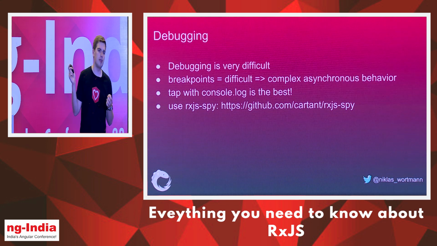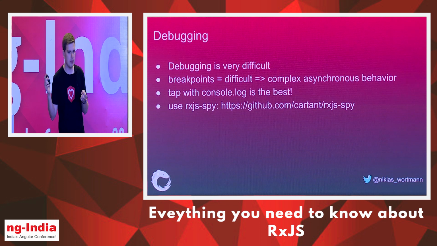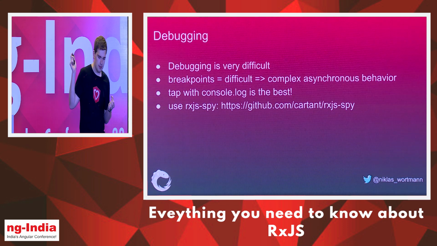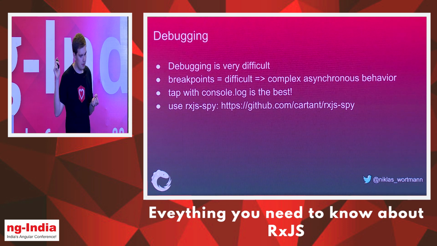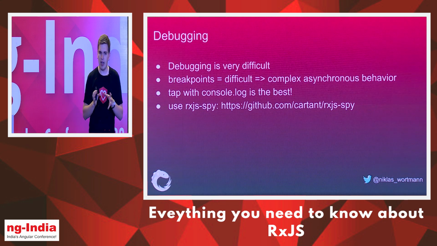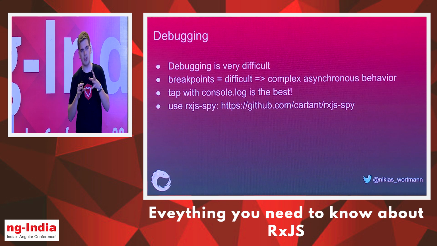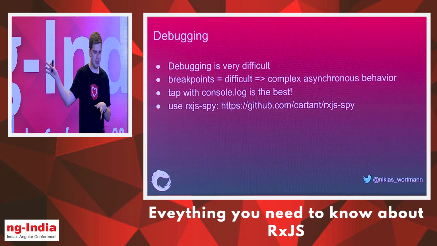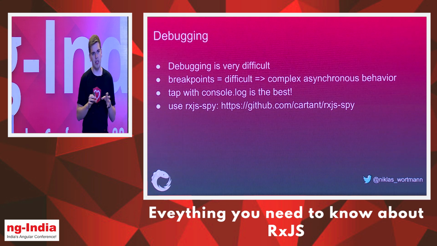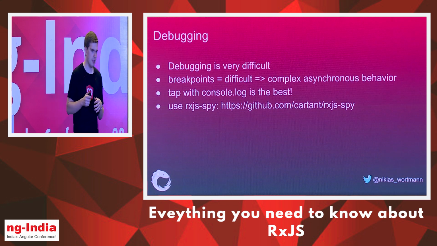It's a library from one of the core team members, Nicholas Jamieson. He's doing very much into that so that you can observe observables and how they behave. It's a little bit advanced, so if you want to get into it, use the tap operator. If you're a bit more familiar, check it out. It's a very cool project.